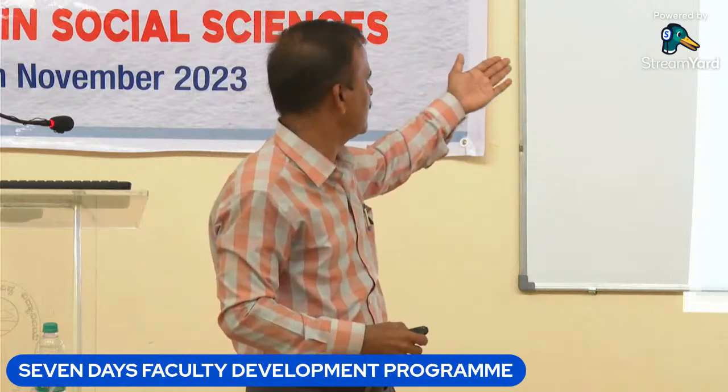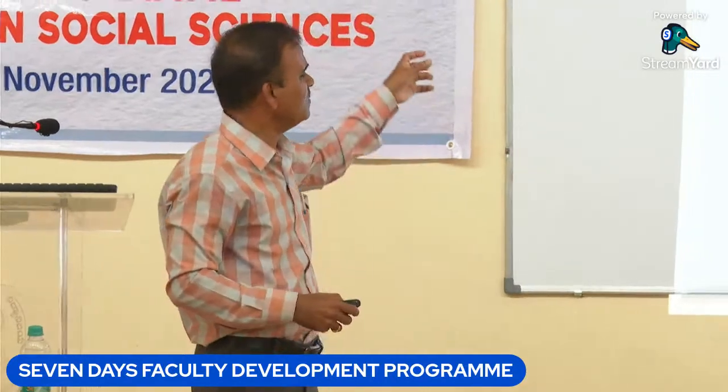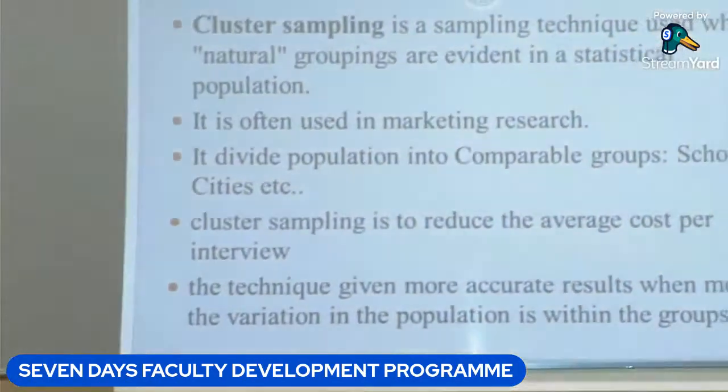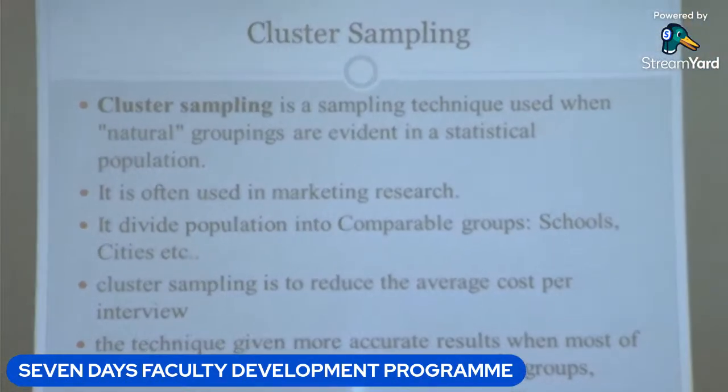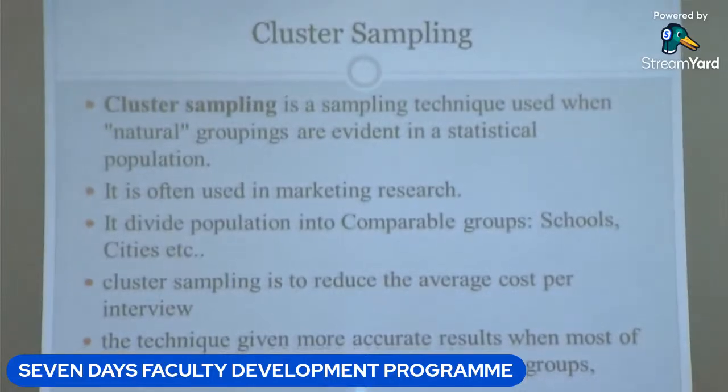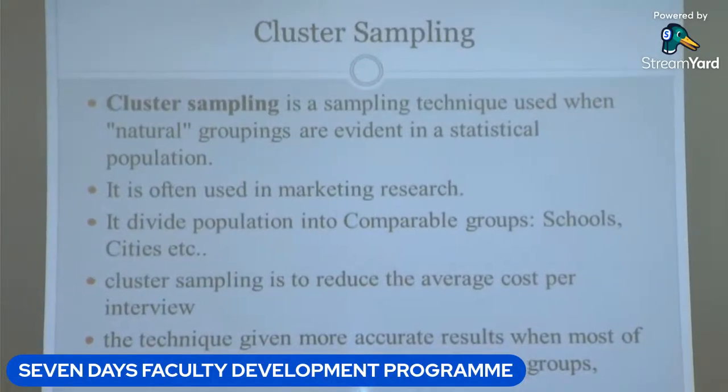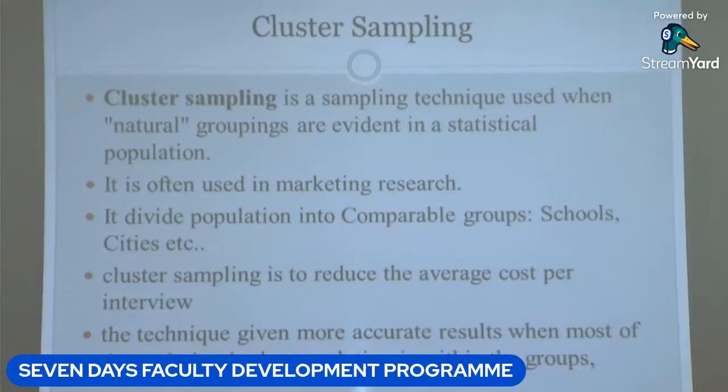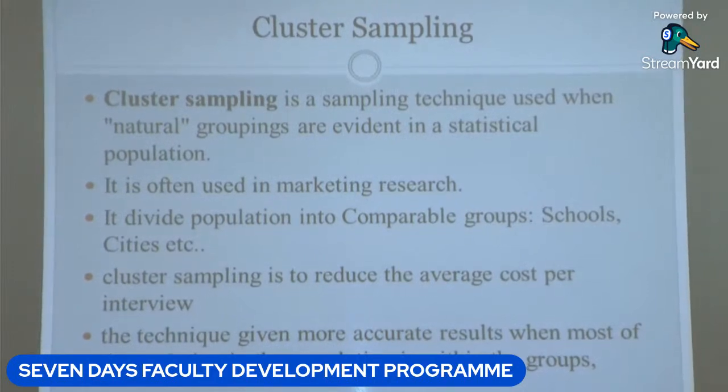And one more is cluster sampling. This is a technique used when natural groupings are evident in a statistical population. That is, we are able to group our target population into clusters.